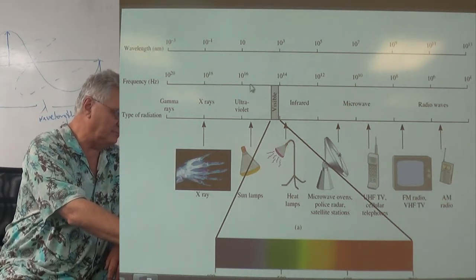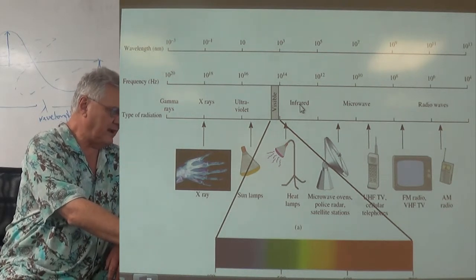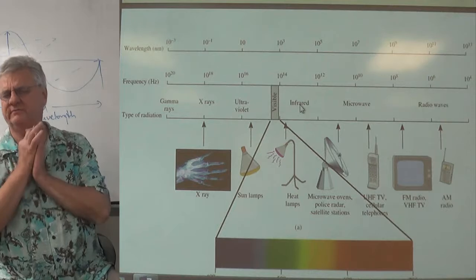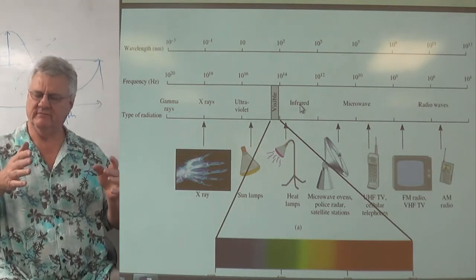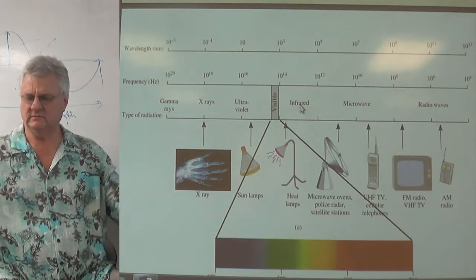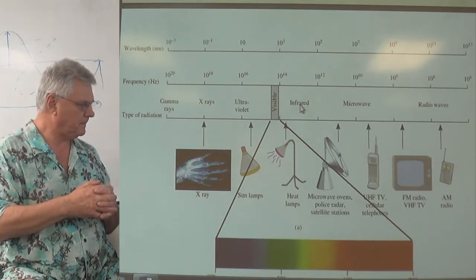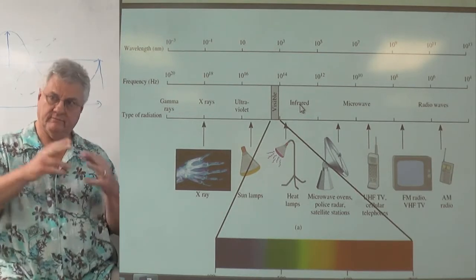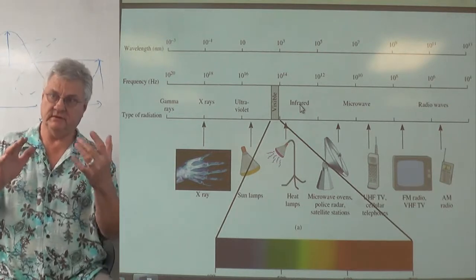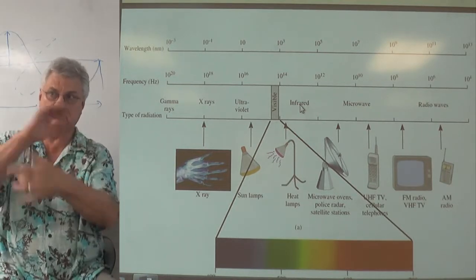In the chemistry lab, infrared, when a compound absorbs infrared photons, this causes higher vibrational levels. In the microwave, molecules in a gas phase have higher rotational levels.